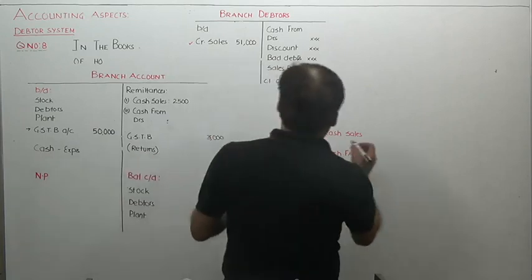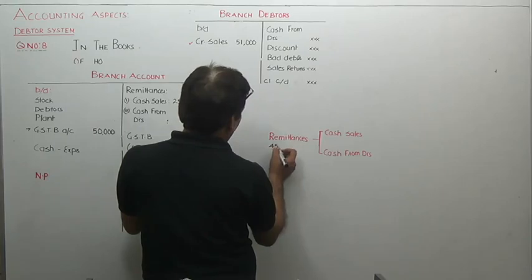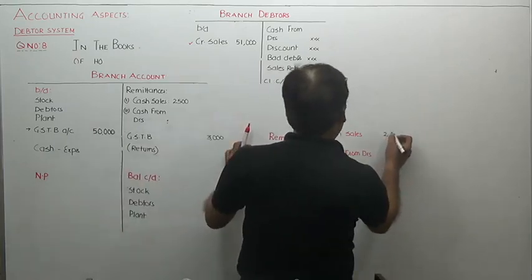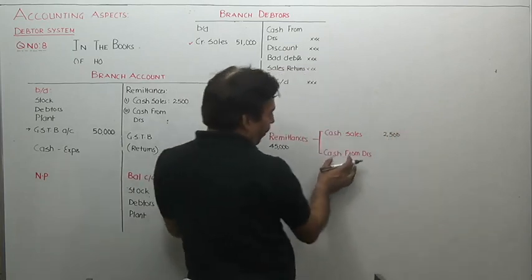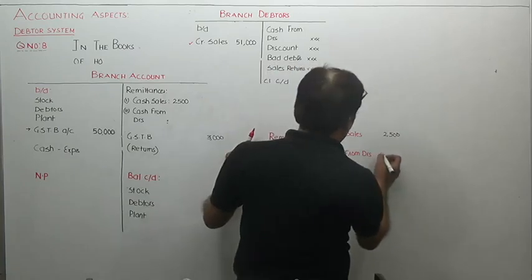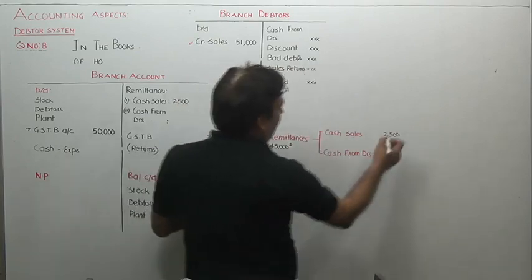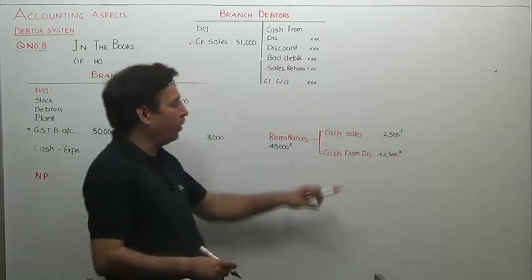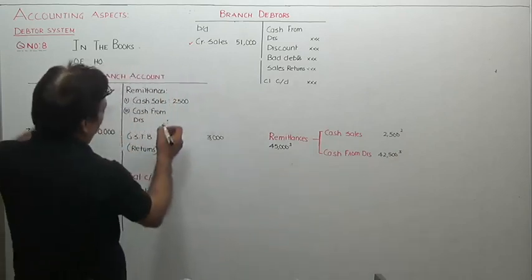Now, total remittances have been given to you, that is rupees 45,000, and the amount of cash sales happens to be 2,500. So the share of cash from debtors is 42,500. This is the figure you derived out of this particular statement. So cash from debtors is 42,500.